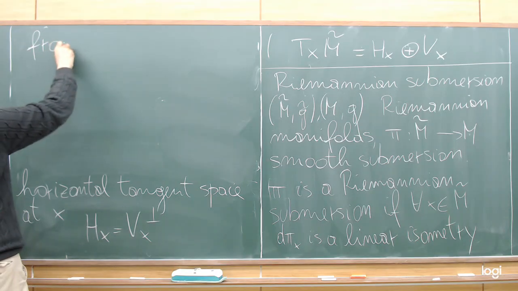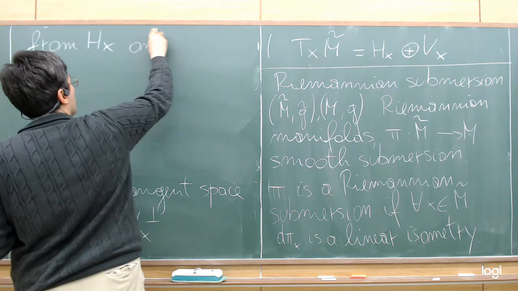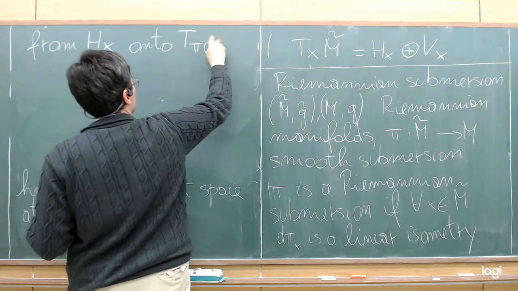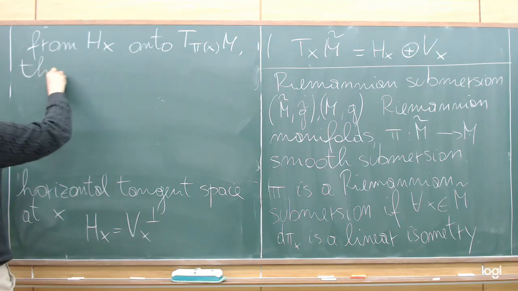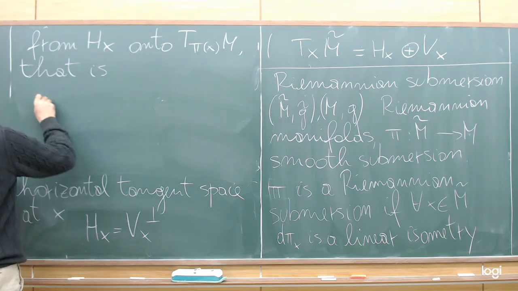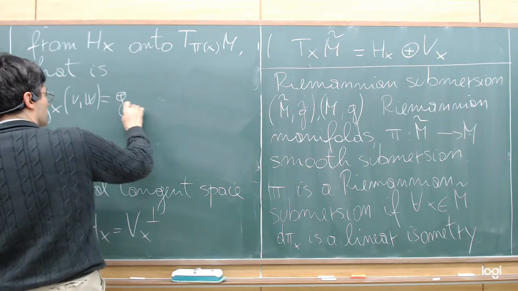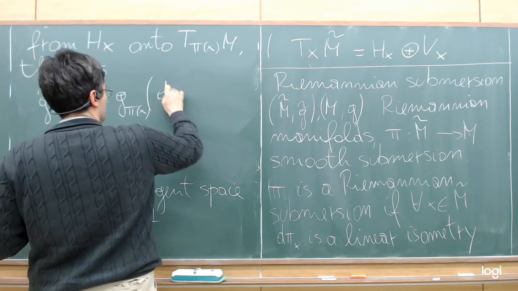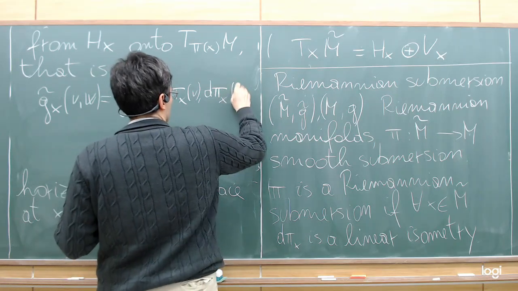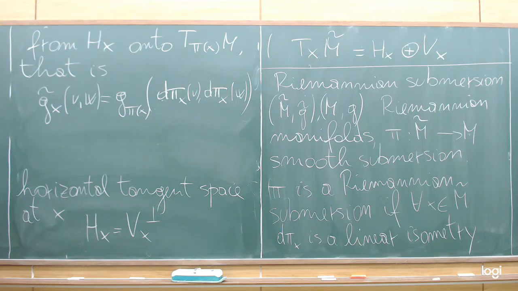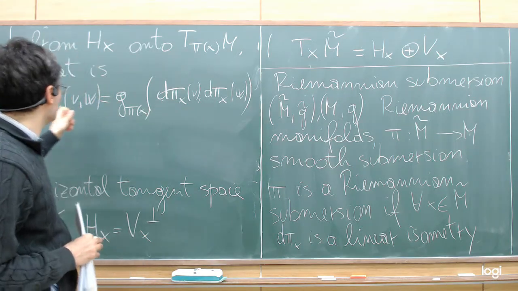from Hx, which is this space here, onto T pi x M, that is, G tilde at x of V, W. This must be the same as G at pi of x of d pi x V, d pi x of W. In other terms, the pullback of G by pi must coincide with G tilde.